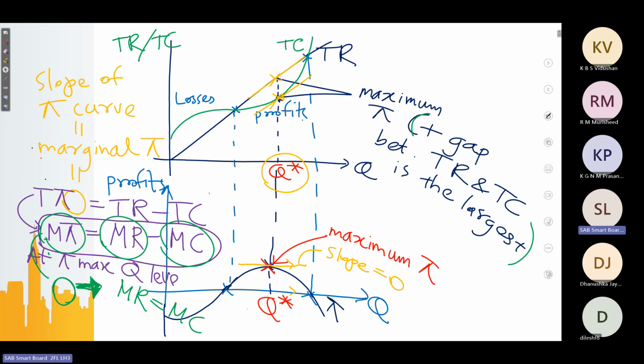What do you observe? The two tangent lines are parallel. Parallel means their slope values are equal.